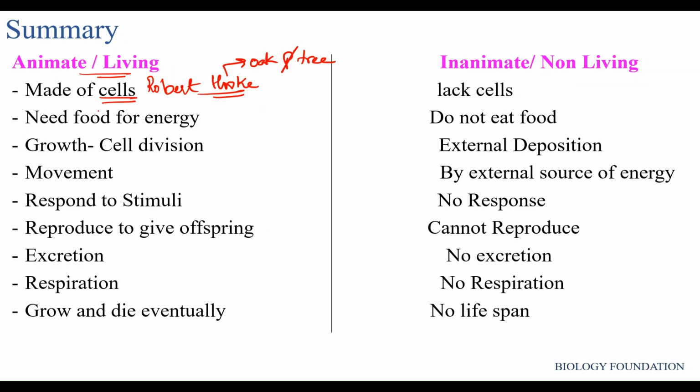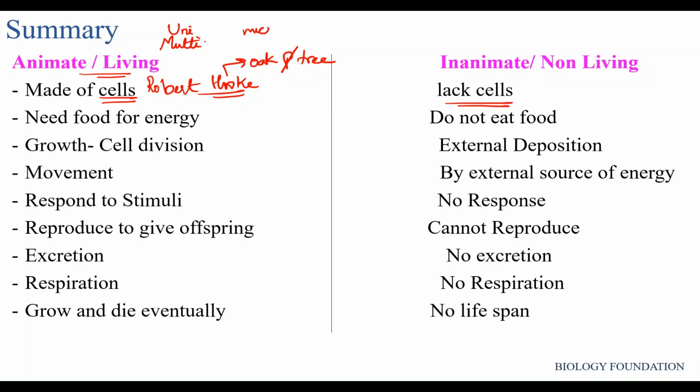So basically, all living organisms are made up of cells, and we also studied organisms having a single cell. They are said to be unicellular, while organisms having many cells are grouped under multicellular organisms. Whereas non-living things do not have any cells. Okay, and the presence of cells can be observed under a microscope.